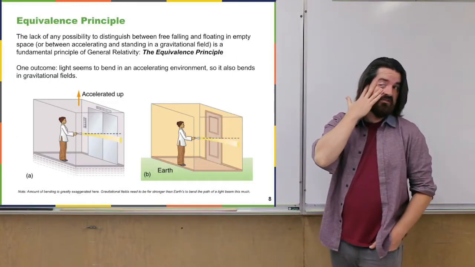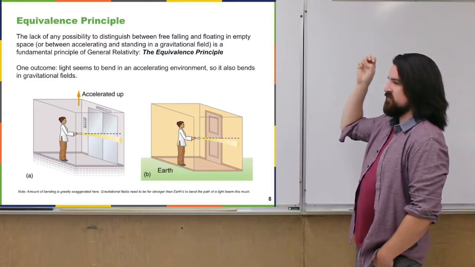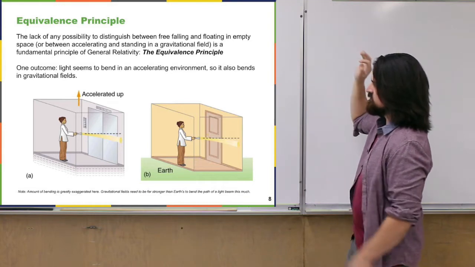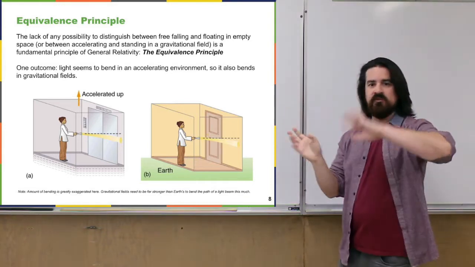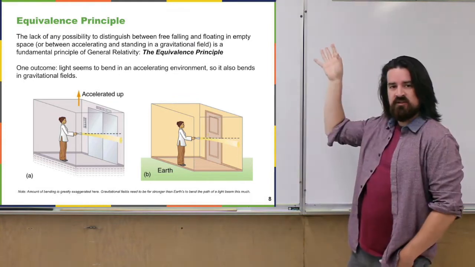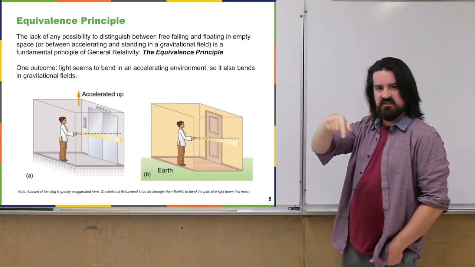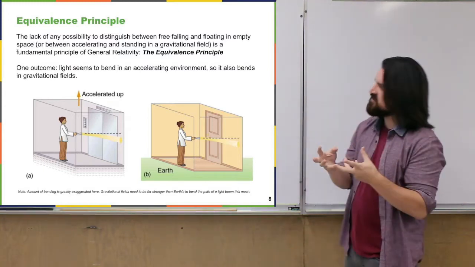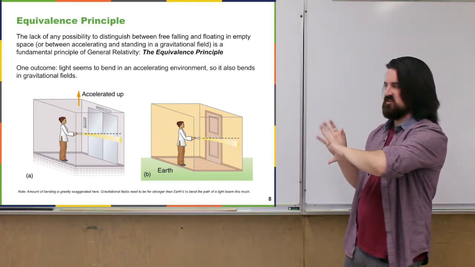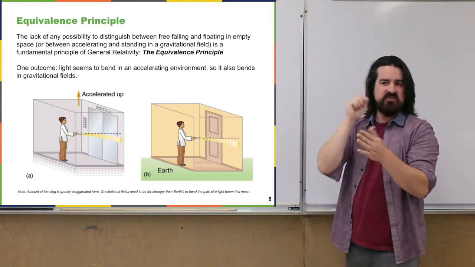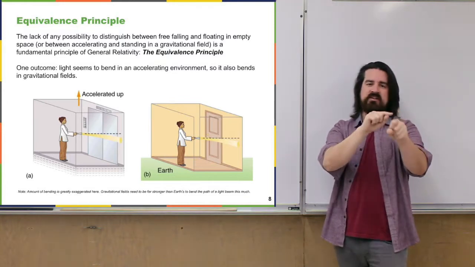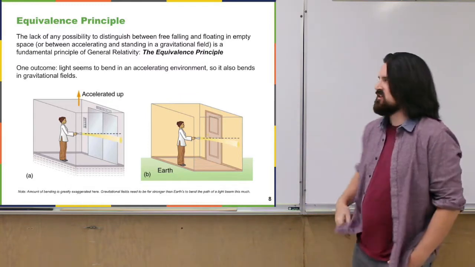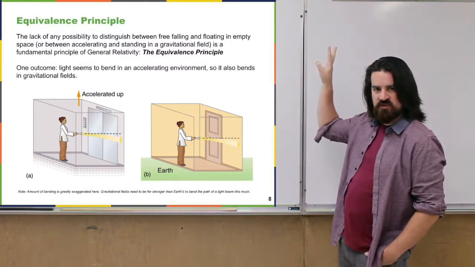And we're not going to dig at it too much more, but that thought that there's no way of distinguishing between this state of free fall or floating in empty space somewhere, along with the fact that the path of objects seems to curve in gravitational fields, this also implies that if you were in a box that is accelerating through empty space and you threw an object, then watching that box from the outside, you would see the path of that object curve.